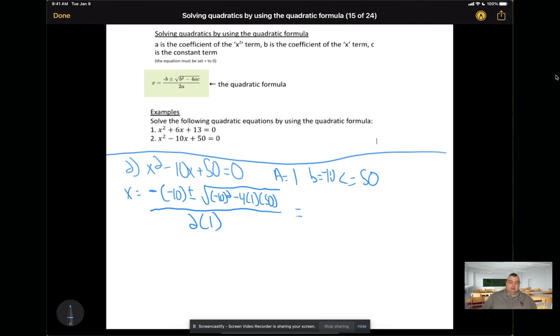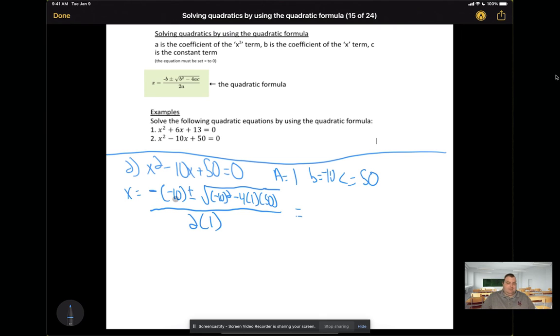Now this is really important here. Notice the first part of the quadratic formula is negative b. Well, what happens if b is already negative? Like in this case, b is already a negative 10. So if b is already negative, then negative b is negative negative 10. Well, that's a double negative, and a double negative makes a positive.